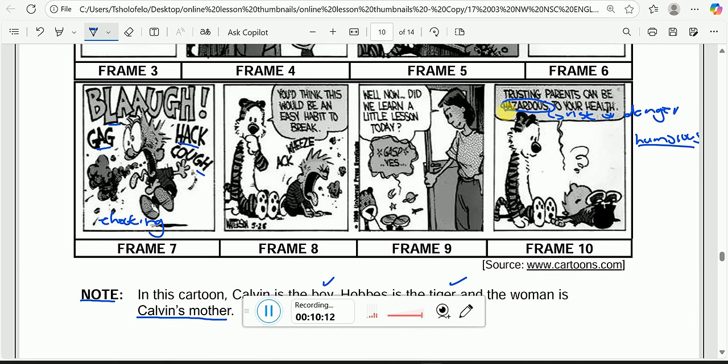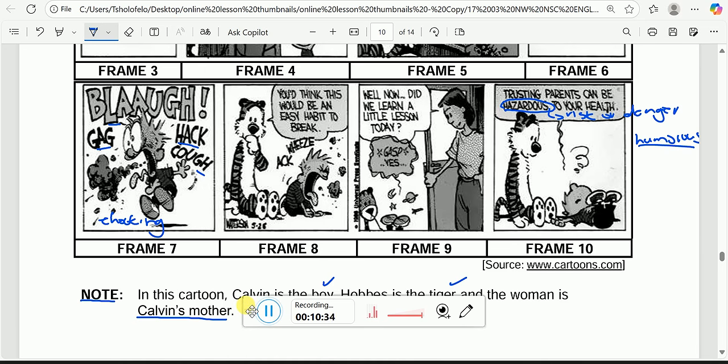And then he started choking. And then the twist of it all is that trusting parents can be hazardous for your health. And I said hazardous, it means something that poses as danger or a risk. So this is just nothing but a humorous cartoon.